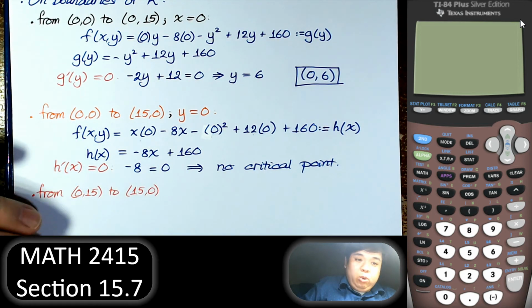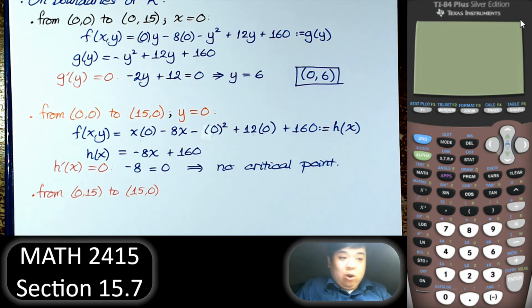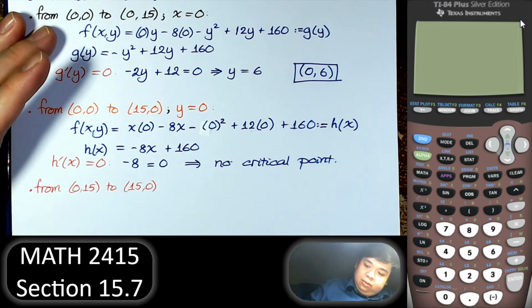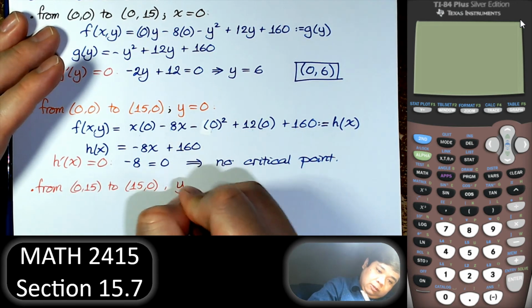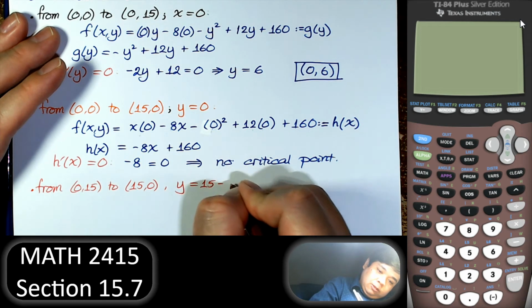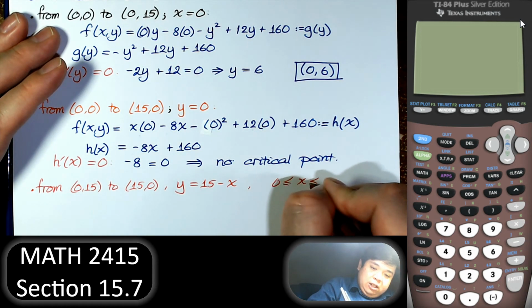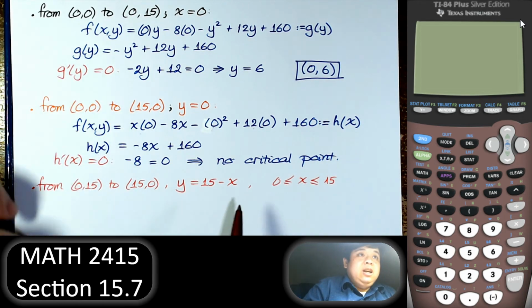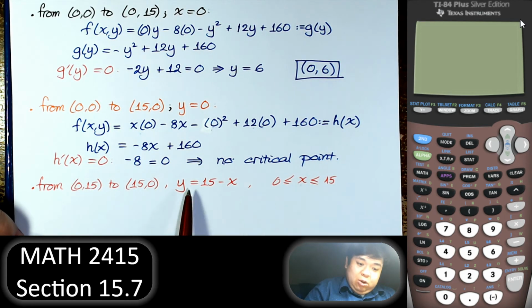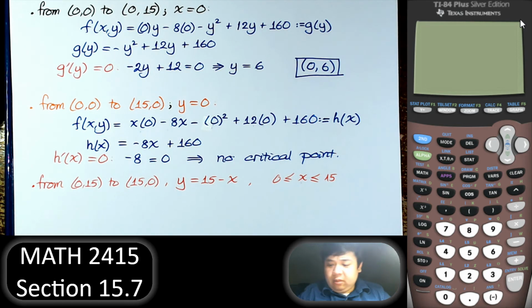On here what we will have is y equal to 15 minus x, and x is between 0 and 15. It's a bit complicated here.